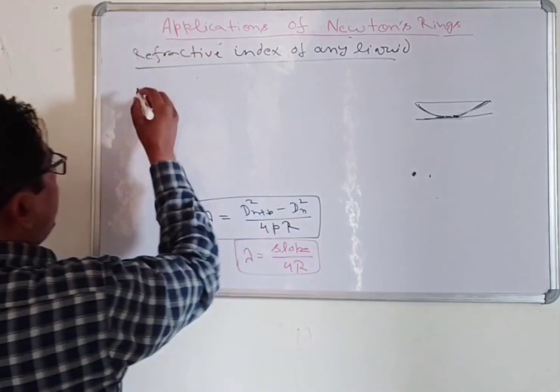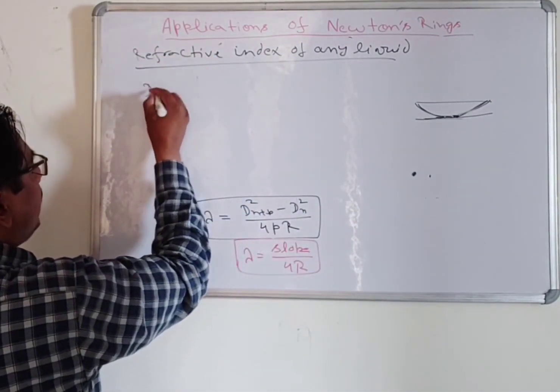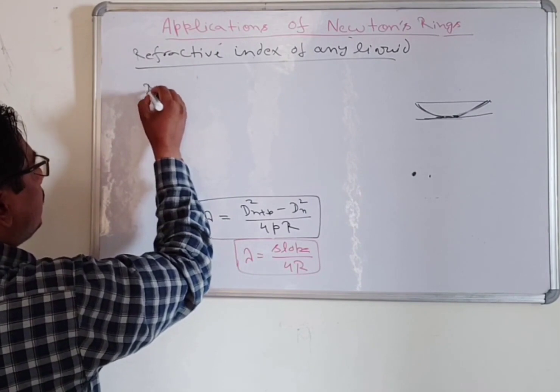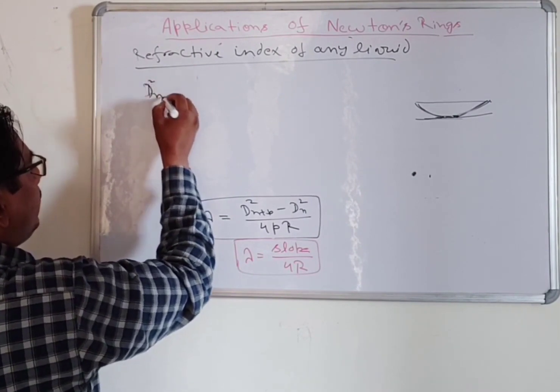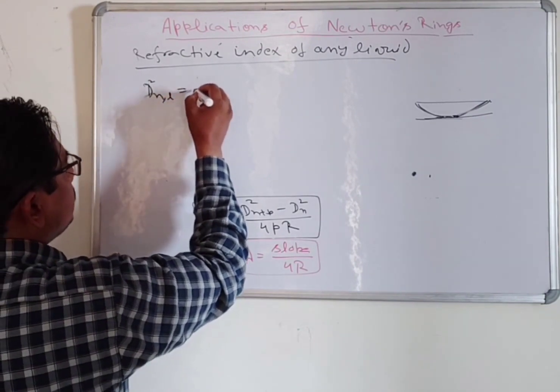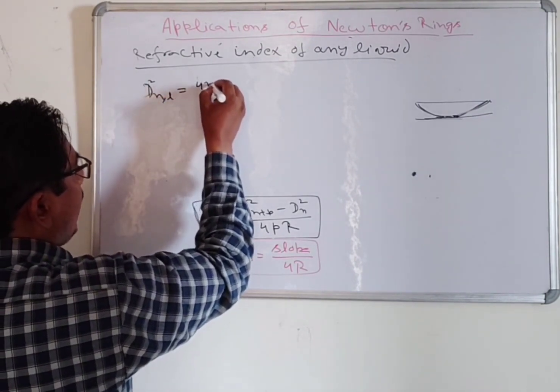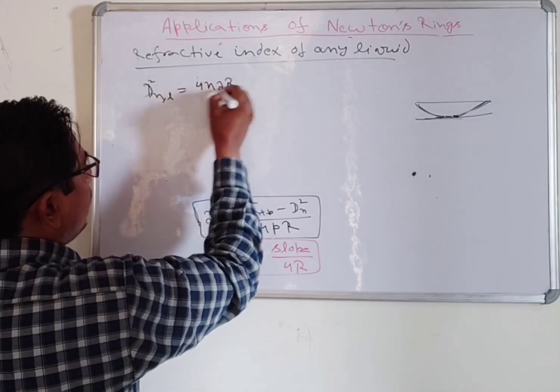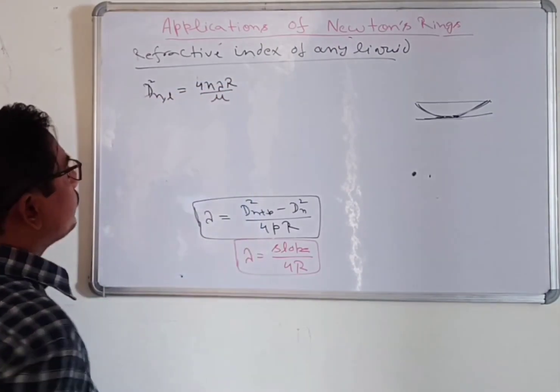And you know the diameter of the dark ring in the case of the liquid: d_n square, here I am using L for liquid, is equal to 4n lambda R divided by mu.